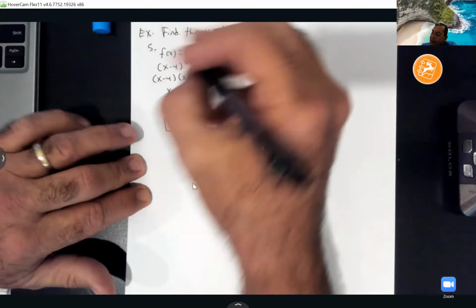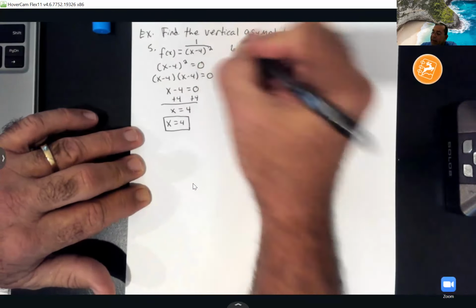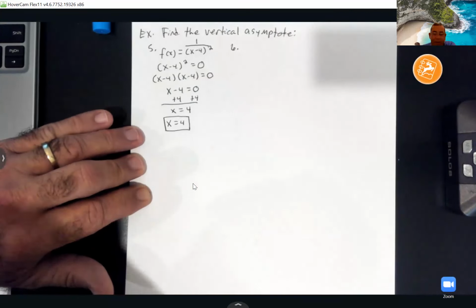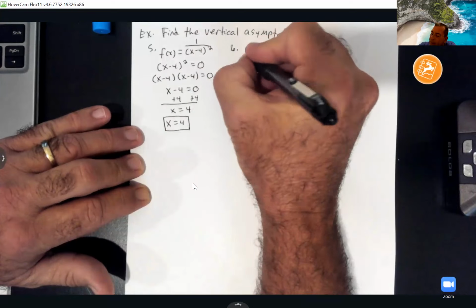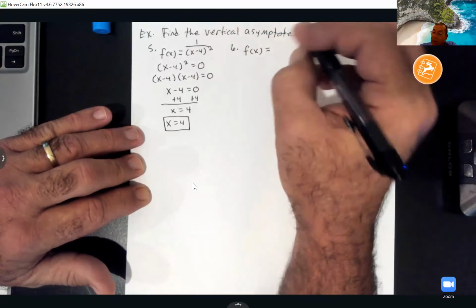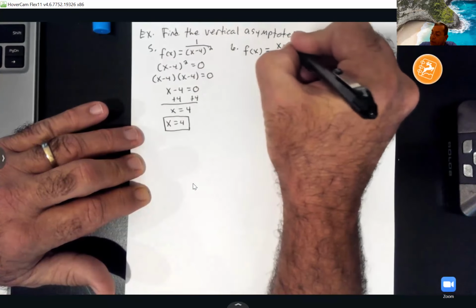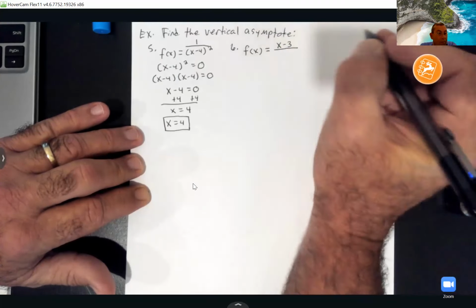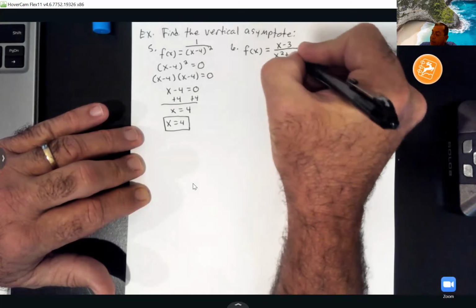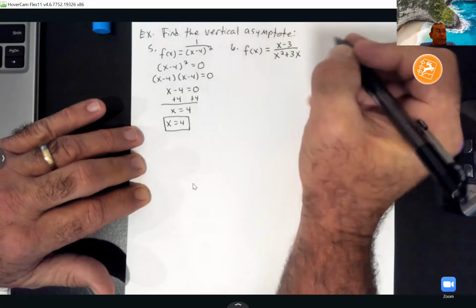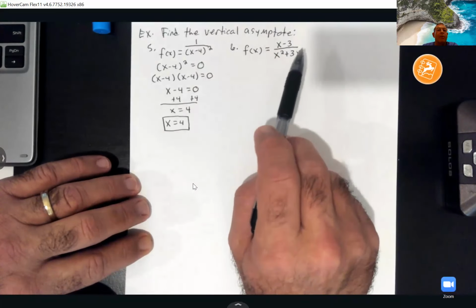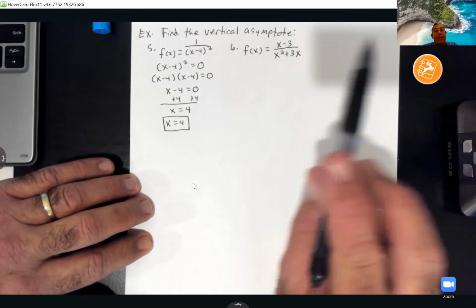All right, I'm going to do 6 because it's one where the factoring is a little different. So y'all, f of x equals x minus 3 over x squared plus 3x. All right, so once again, I'm going to take that denominator, set equal to 0.